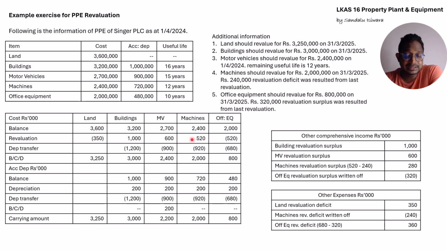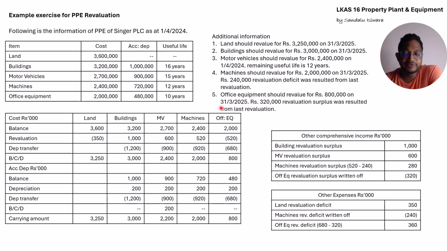But in this case, these machines gained a revaluation deficit the first time, and the second time it's a revaluation surplus. So from this revaluation surplus you should write off last year's revaluation deficit. The revaluation deficit is written off against other expenses here, and the remaining amount is the amount that you should record in other comprehensive income.